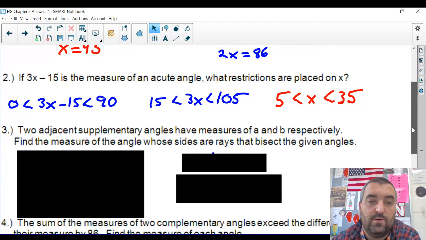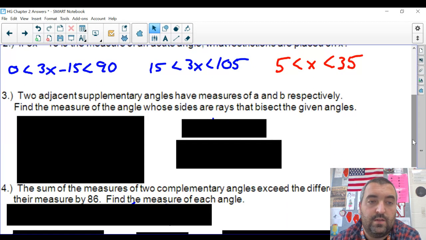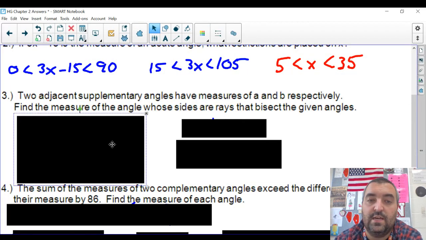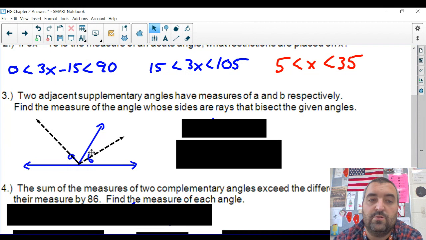So, number 3, two adjacent supplementary angles have measures of A and B respectively. Find the measure of the angle whose sides are rays that bisect the given angles. This one's a little easier if you draw it out. So we have in blue two adjacent supplementary angles.